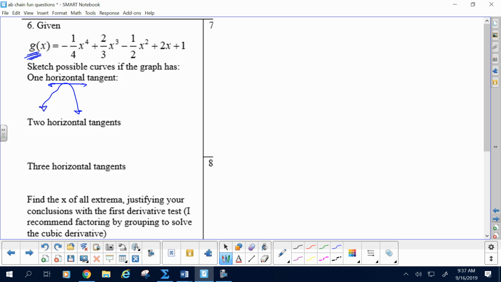How would you have two horizontal tangents? Think of how you could draw it with two flat spots. Try that on your own. Okay? It has two flat spots.